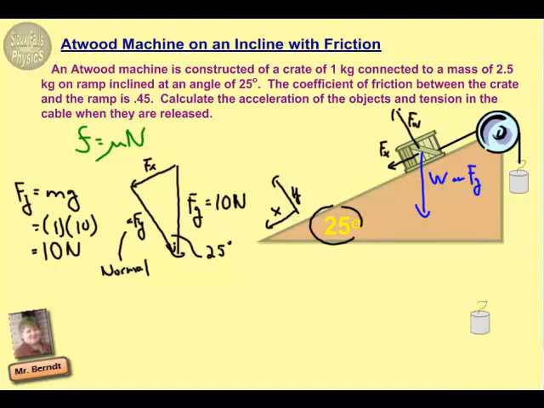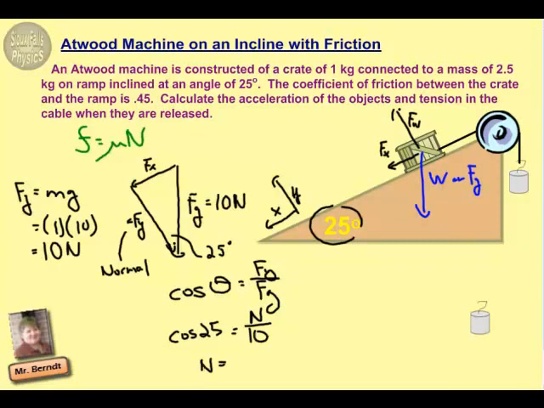You'll notice the F of Y is actually on the adjacent side. That makes this cosine. So cosine of the angle has to equal the F of Y all over the F of G. When we plug in the numbers there, we've got cosine of 25 has to equal the normal all over 10.